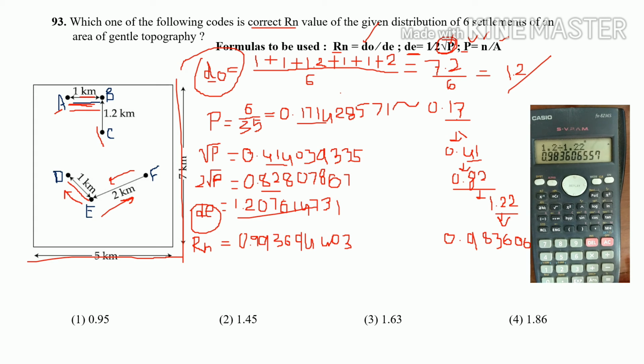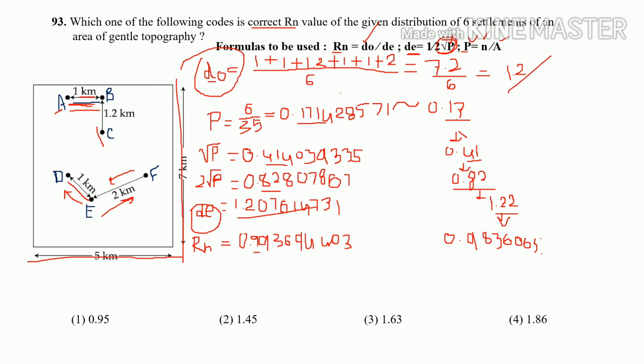So lastly, with the full digit we get 0.99, and with the rounded off digit we get 0.98. Either one we can use, so the answer will be 0.95. That is the right answer of UGC-NET 2018 July. Here is how we can solve this problem.